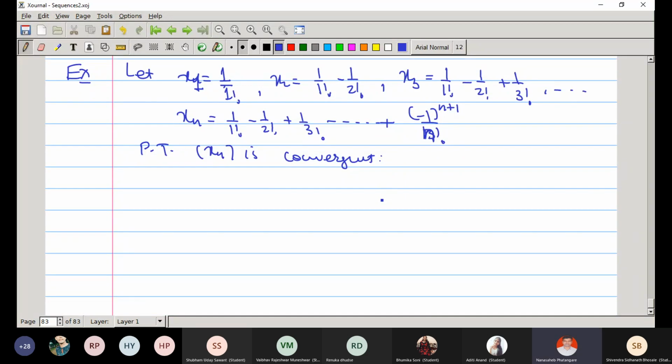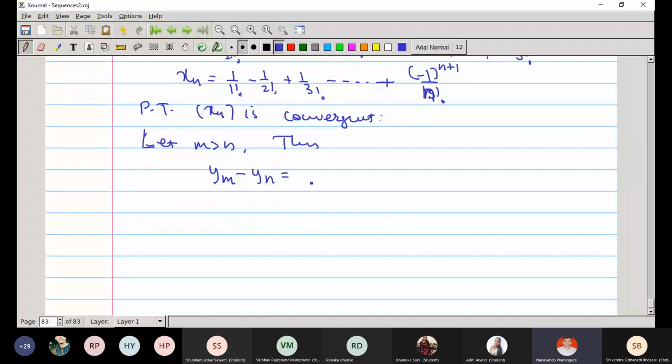Directly it is not easy, but we can show that it is Cauchy. So let m greater than n. Suppose you choose any n and m greater than n. Then let us see what is ym minus yn.